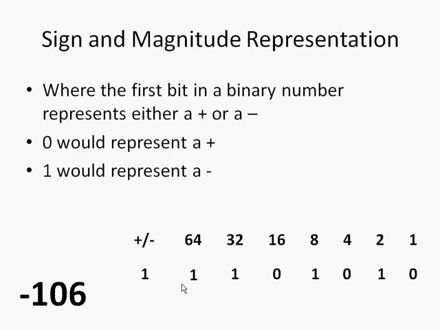So basically all of the bits in your binary number, apart from the first one, we convert into decimal as normal, and then the first bit represents either a plus or a minus. So it's 1 there, and if it was a 1 it would represent a minus. If we change that now to a 0, we'd be representing a plus 106 again.